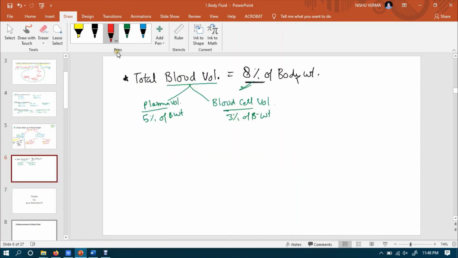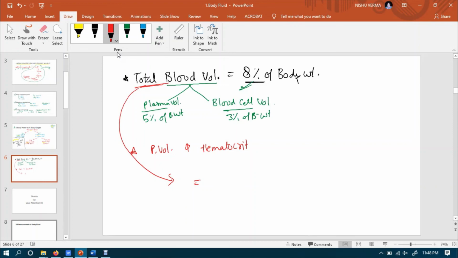And if the question gives the plasma volume and the hematocrit, and the examiner asks for the same thing, total blood volume, we can use a different formula here.